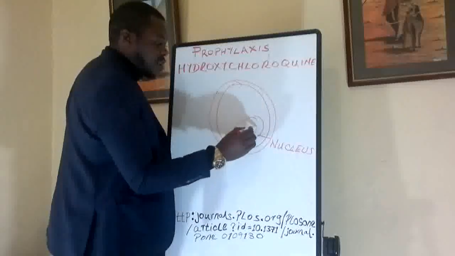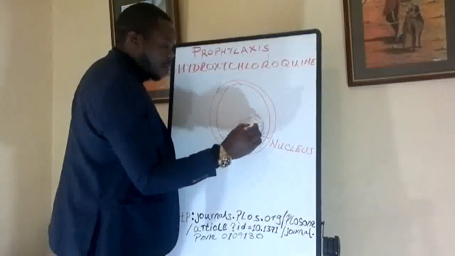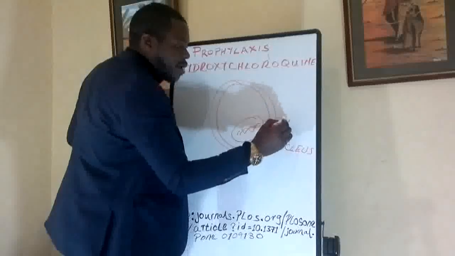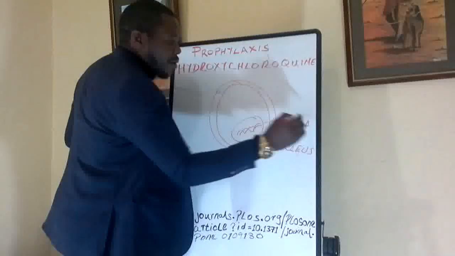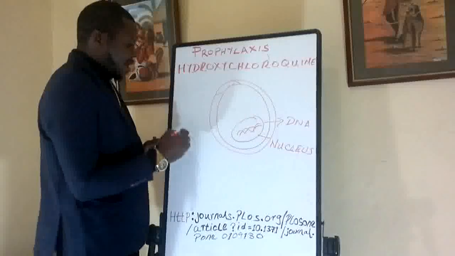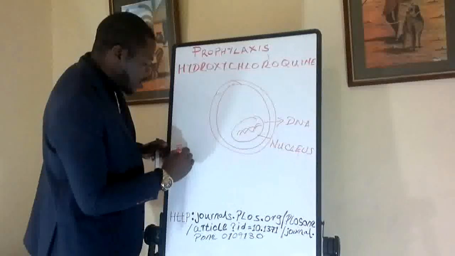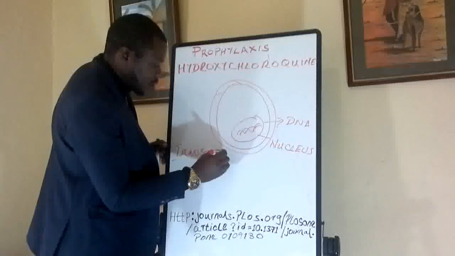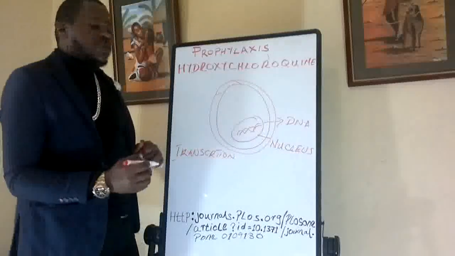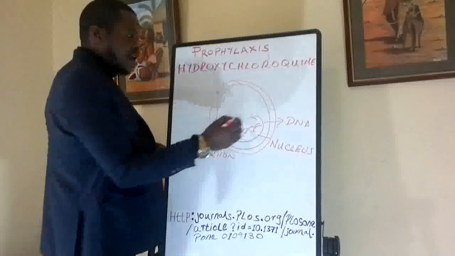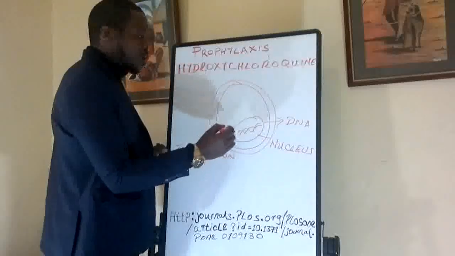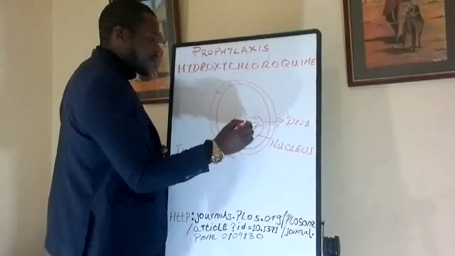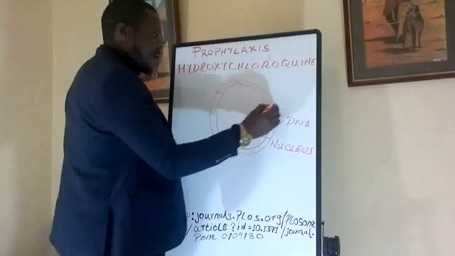Inside the nucleus, we have DNA. And in a process called transcription, DNA is transcribed to create RNA. This is RNA.